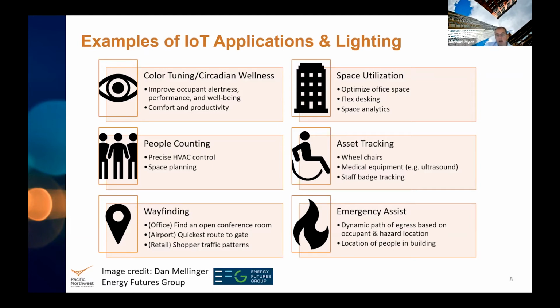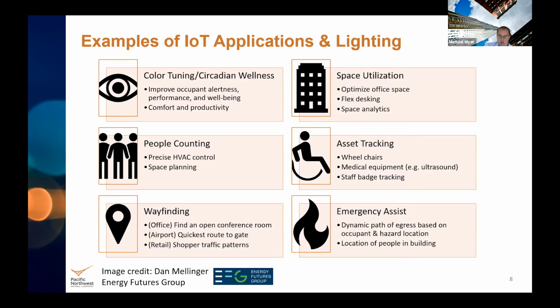However, there are many non-energy aspects that you can do with it, such as wayfinding, where you might be looking for an open conference room, or possibly tracking people's traffic and shopping patterns. You can do emergency assistance with it. You can do real-time location, such as tracking objects. Airports are a great example, with wheelchairs or staff badging.